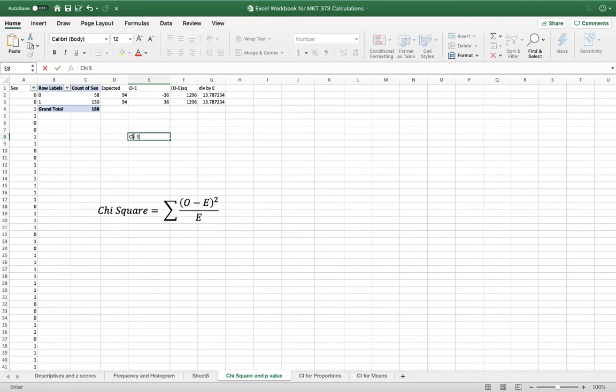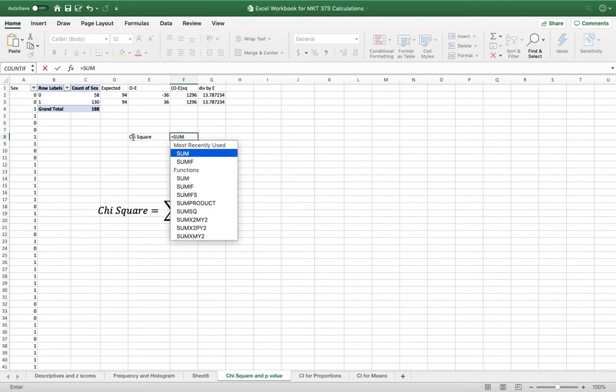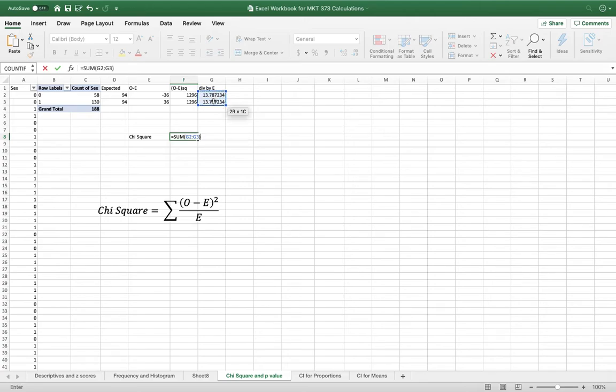So our chi-square, in this case, is equal to the sum of these two numbers. Close the parentheses. And so our chi-square value is 27.57, and we will drop that down to 2 decimal places. And so yes, there's a difference, but the question is, is it a statistically significant difference?